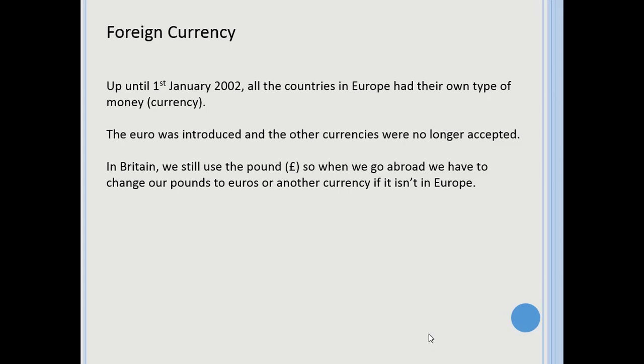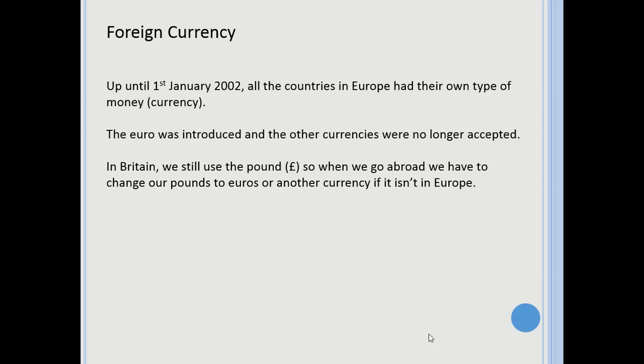And at that point, all the other currencies were no longer accepted. Everything was changed over from different individual countries in Europe into the euro. In Scotland and Britain, though, we still use the pound.